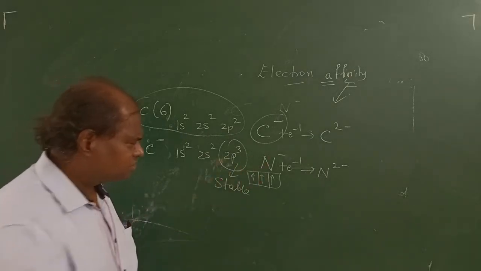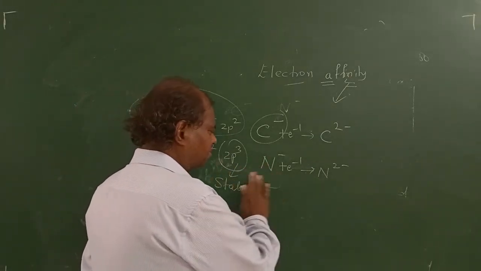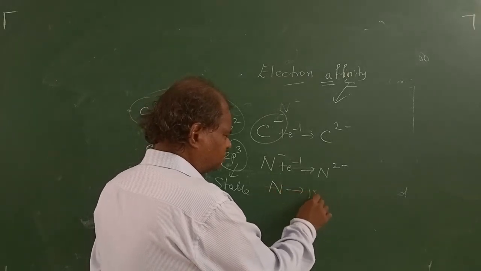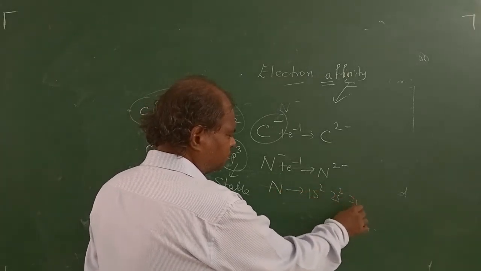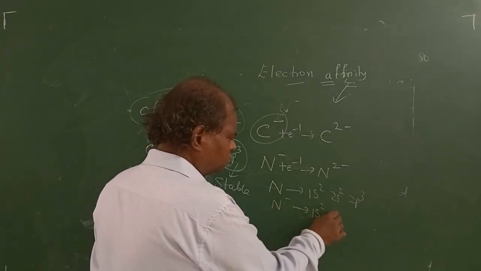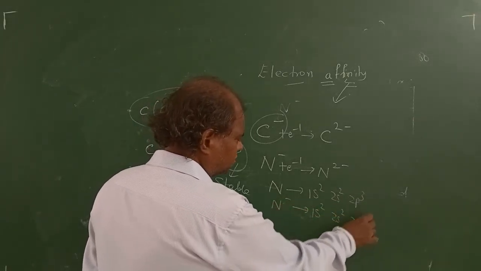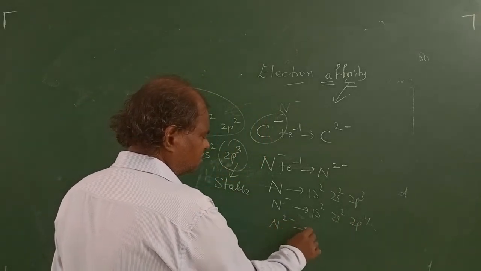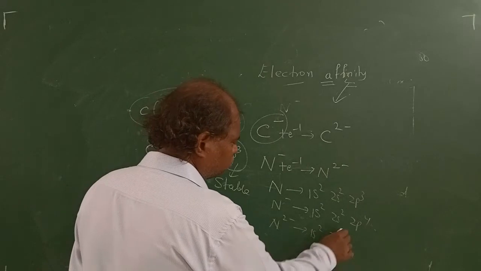Let us check for N minus now. What is N? 1s2, 2s2, 2p3, right? What is N minus? 1s2, 2s2, 2p4. Yes or no? And what is N2 minus? 1s2, 2s2, 2p5.